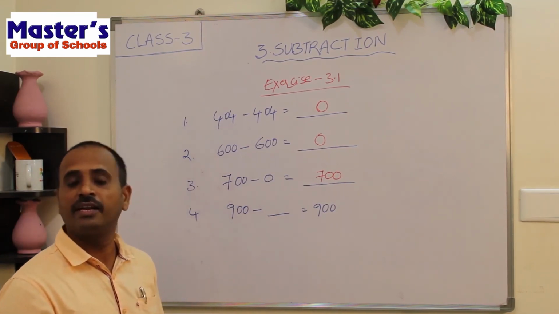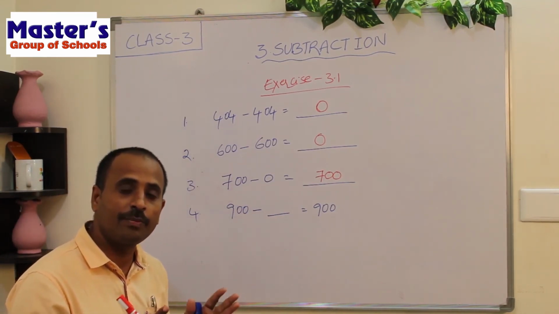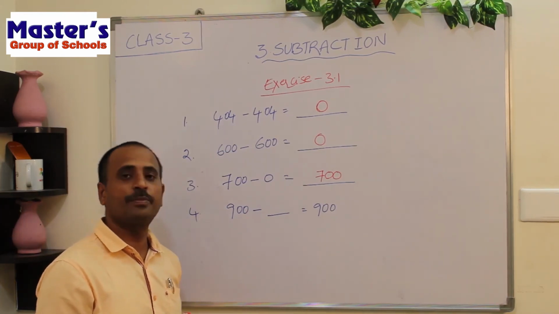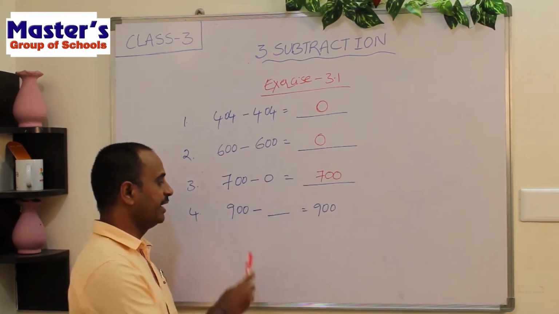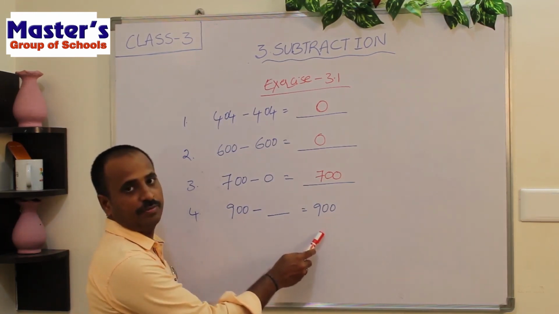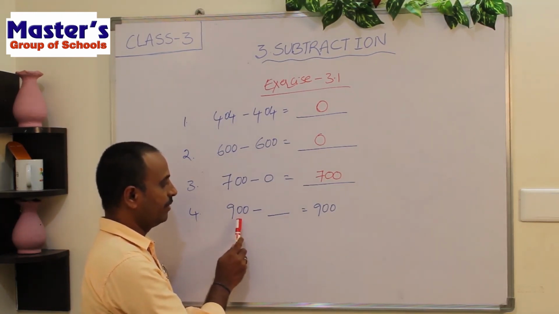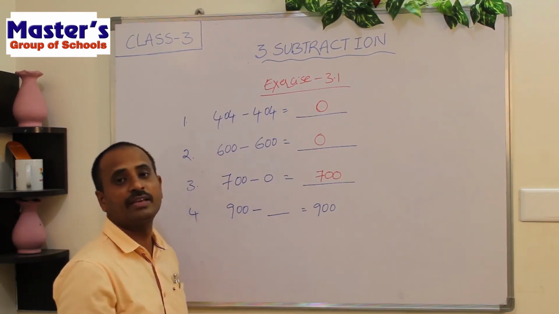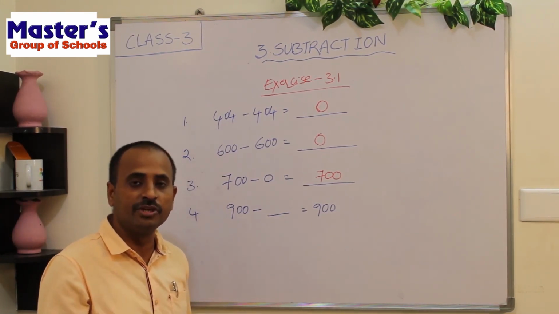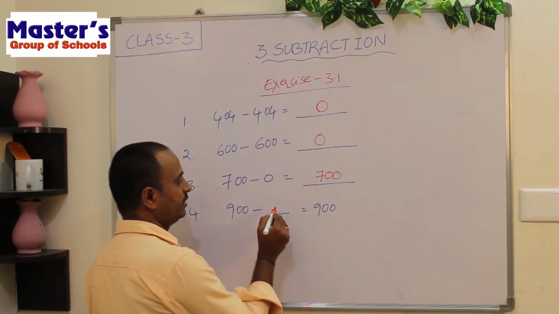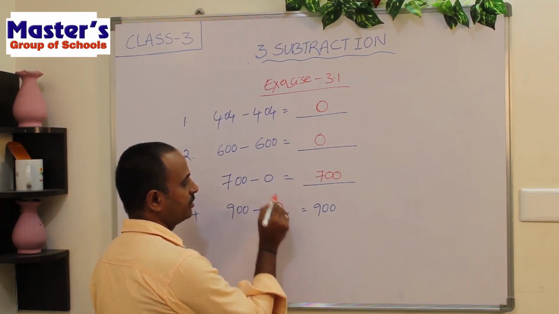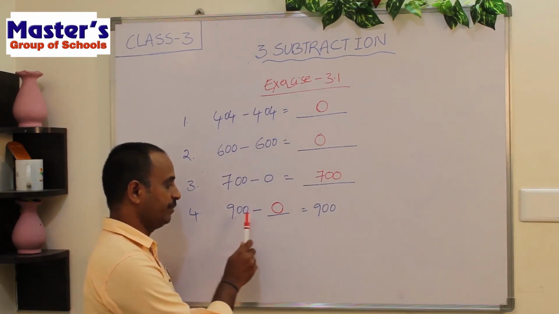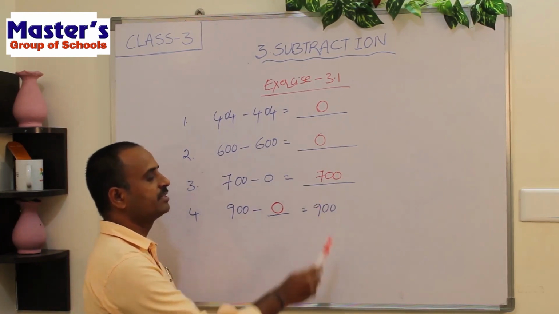According to the properties of subtraction, if we subtract 0 from any number, we will get the same number. So write 0 in this blank, because if we subtract 0 from 900, again we will get the same number.